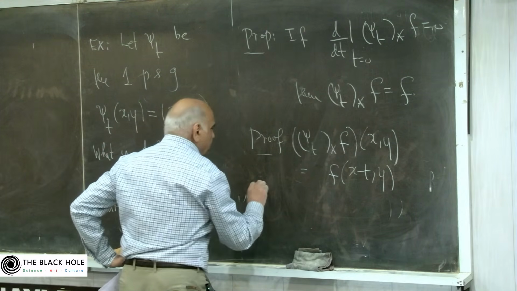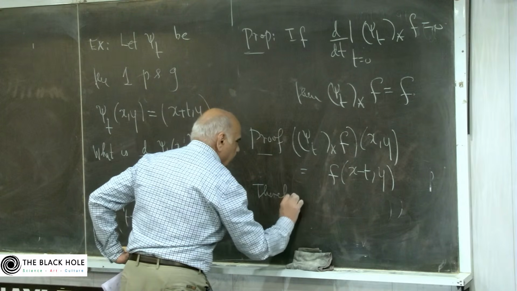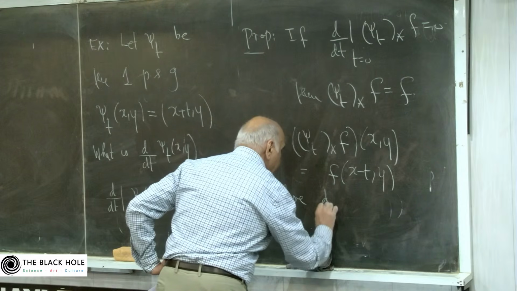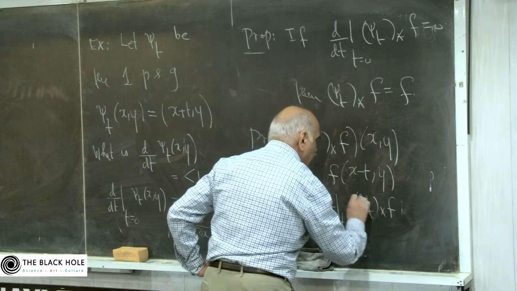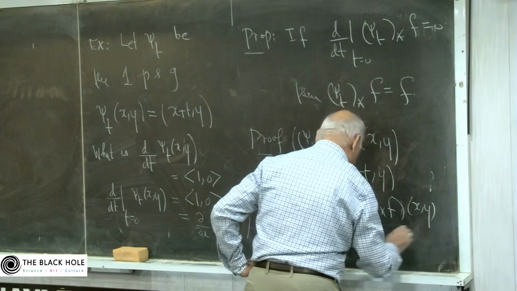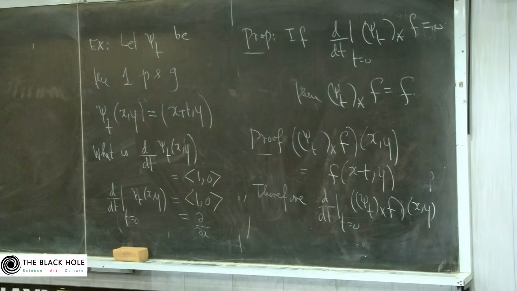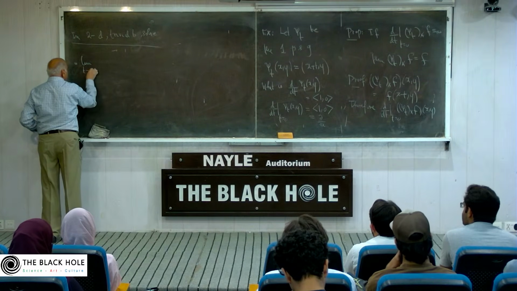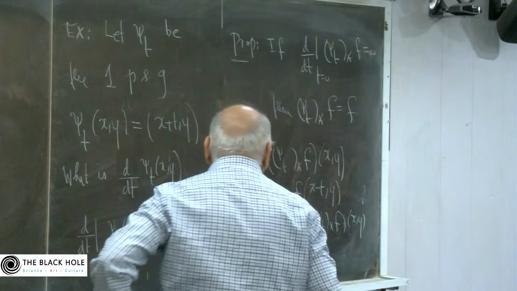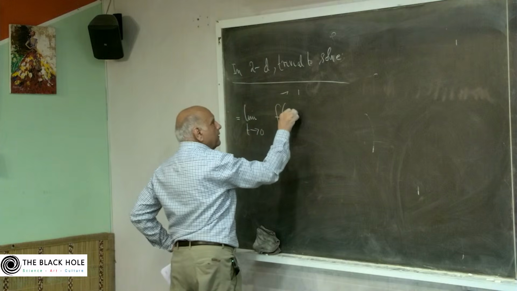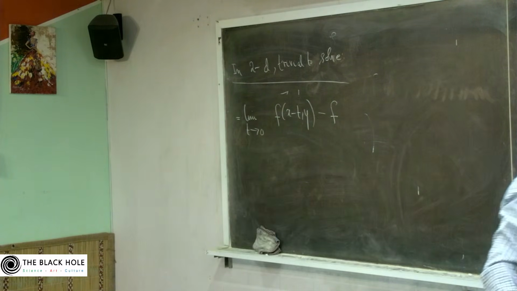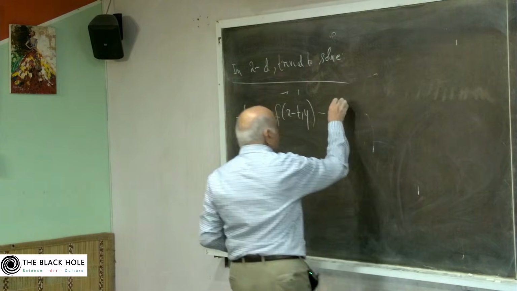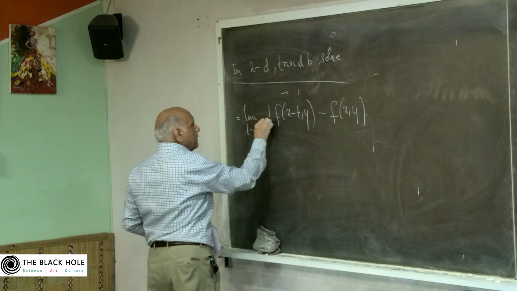So d by dt at t equal to 0 of psi t star f is the limit as t goes to 0 of f of (x minus t, y) minus f of (x,y) (psi 0 is the identity map), times 1 over t.